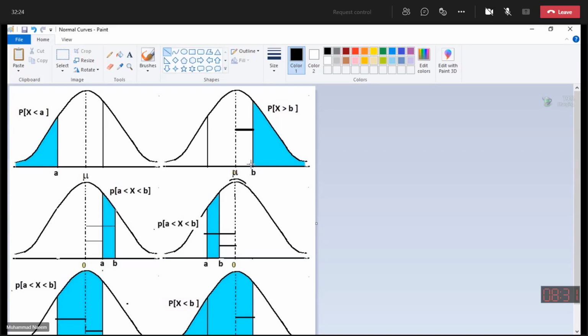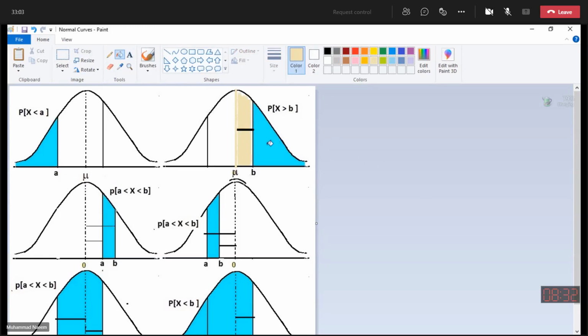The table will provide us the area from center to this point. This will be the area. This is called the tabulated area.